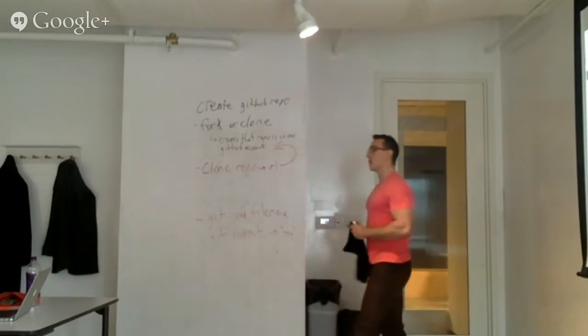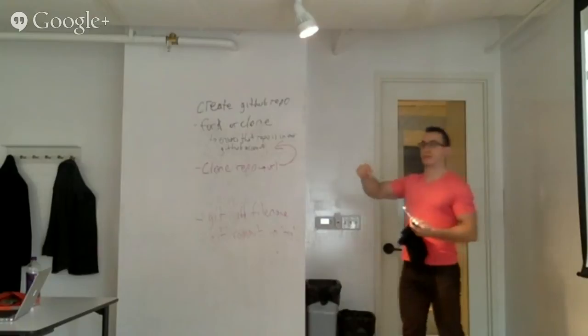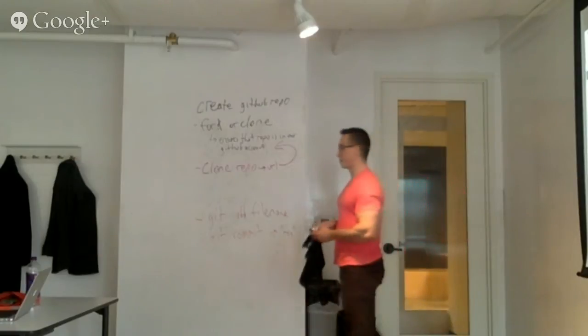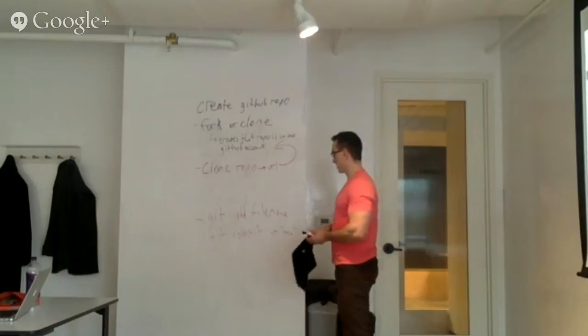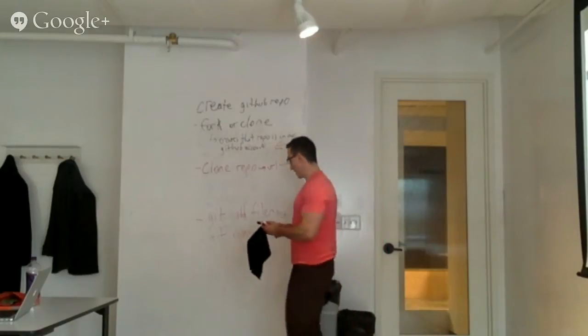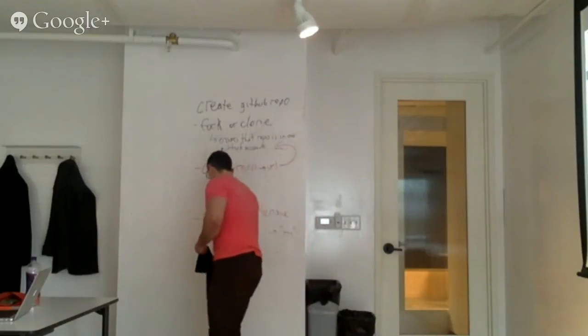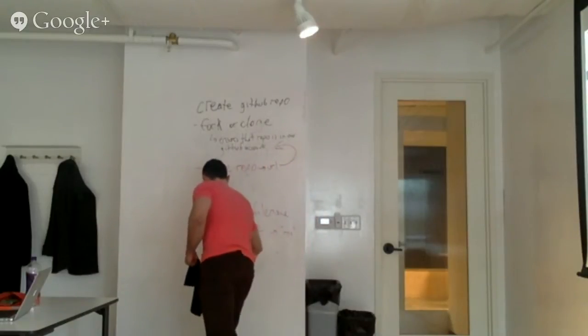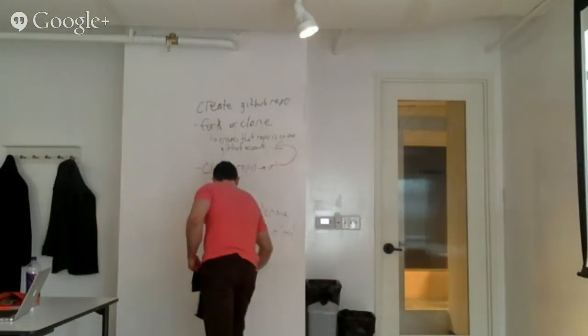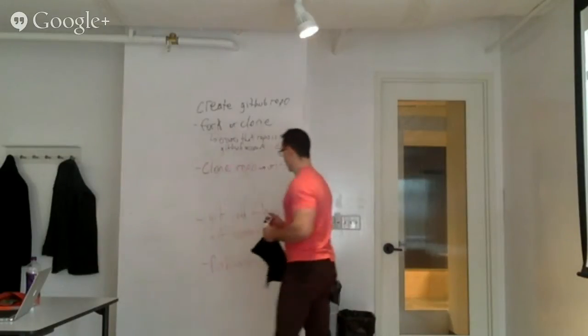Right. No, it doesn't. You have to check it for it to add it, remember? Right, okay. And then we need to push, right? So then we do push to origin, right? Origin is our own version. No Git in front of it.